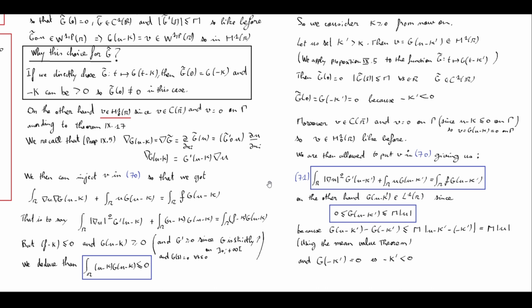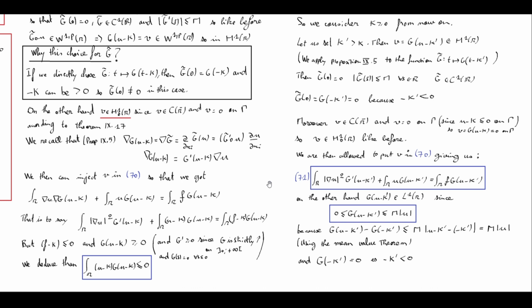But f minus k is negative and g of u minus k is positive, and g prime is positive since g is strictly increasing on 0 plus infinity. It's the same thing as saying it's nondecreasing, and g of s equals 0 for all s negative. We deduce then that the integral on omega of u minus k times g of u minus k is negative.